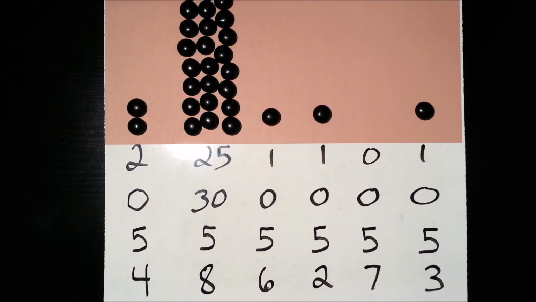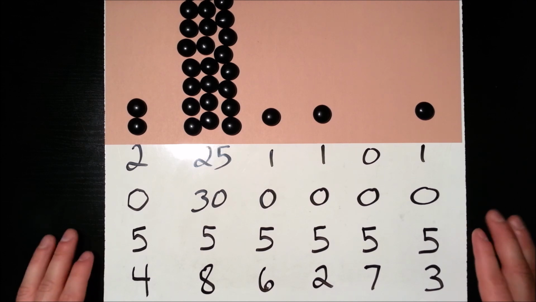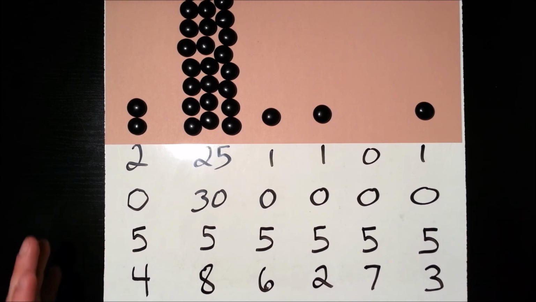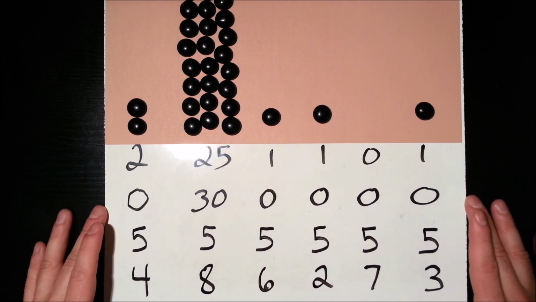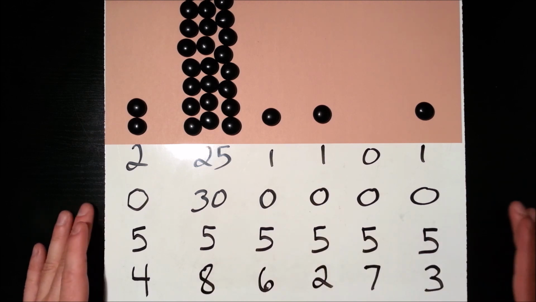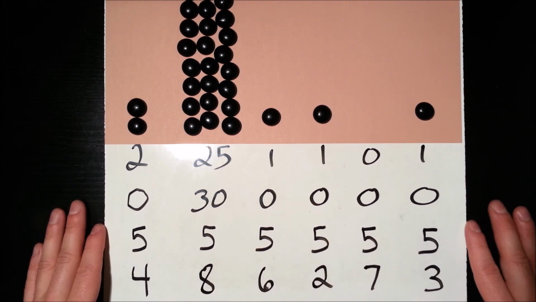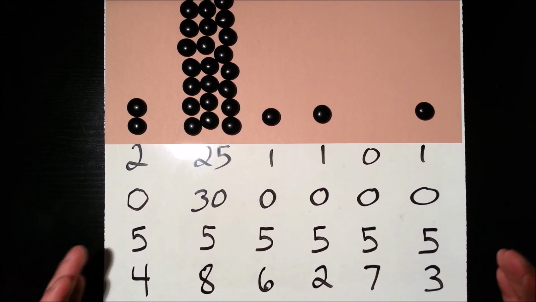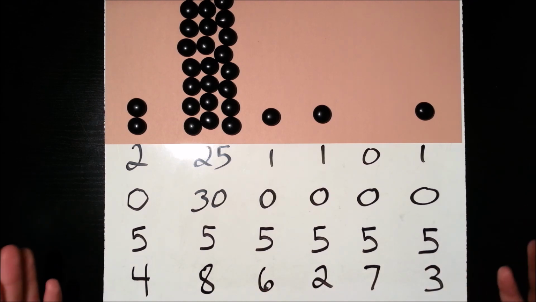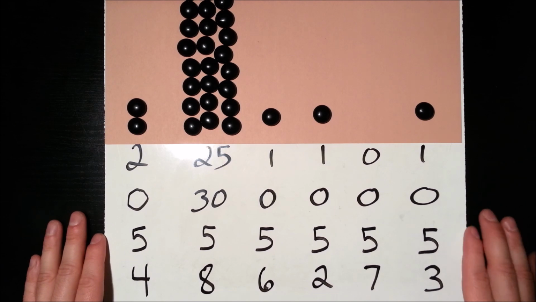There is another statistic that I didn't mention yet, and that is the mode. And the mode is simply the number that occurs most often in the list. So having the mean and the mode gives you a bit more information.